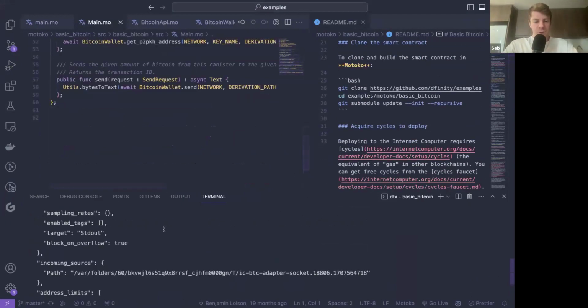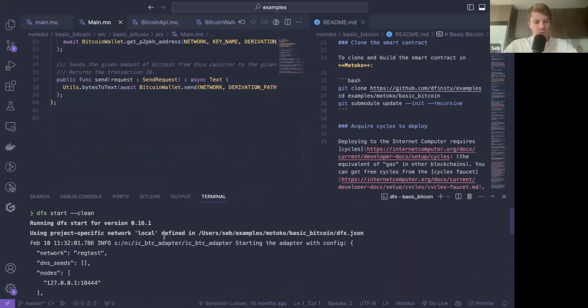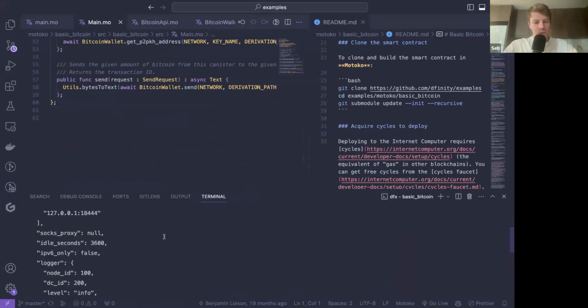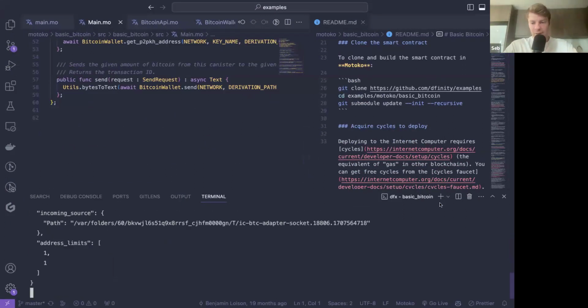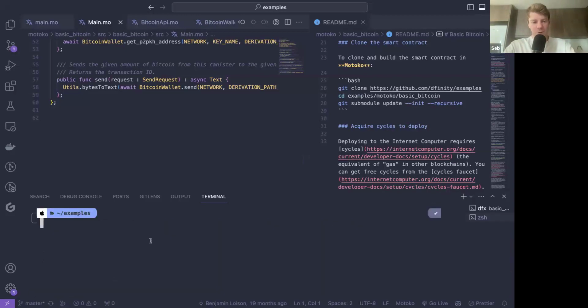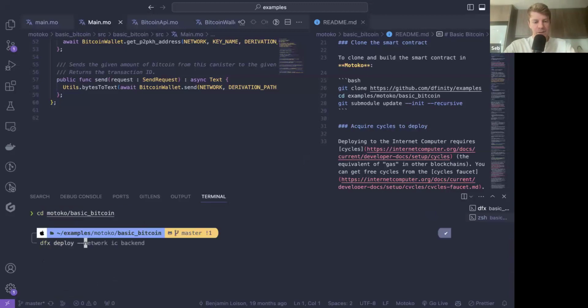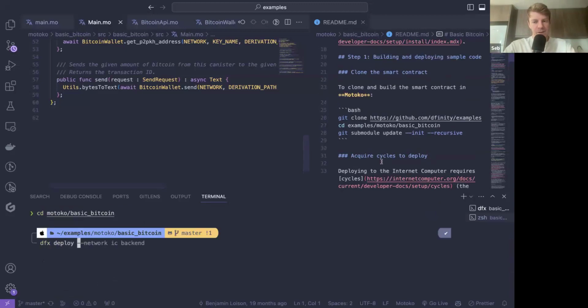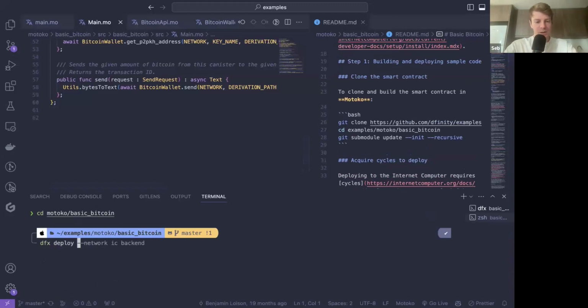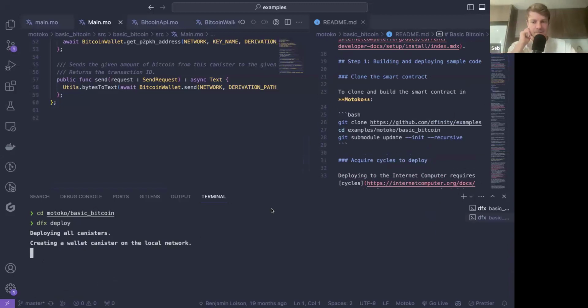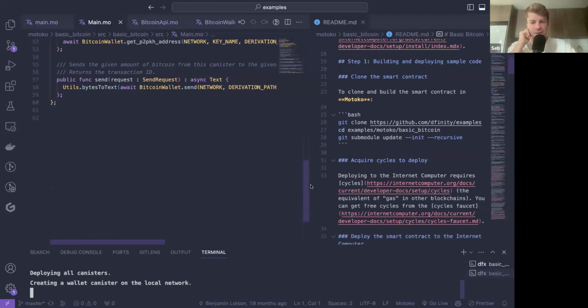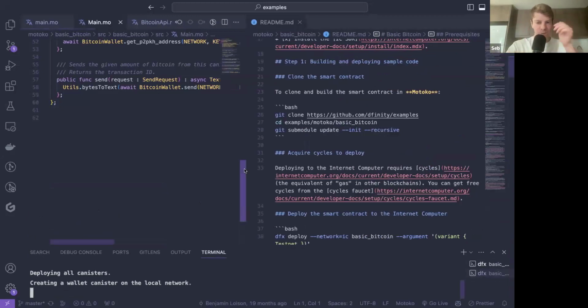Actually, I wanted to show you this example, but I'm not sure if it's going to work locally. That might be a little issue with my IDE. Is this going to work locally? Let's see. I don't really want to deploy on the IC because it's going to cost me quite a few cycles.